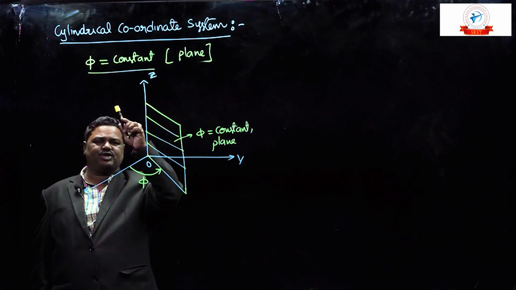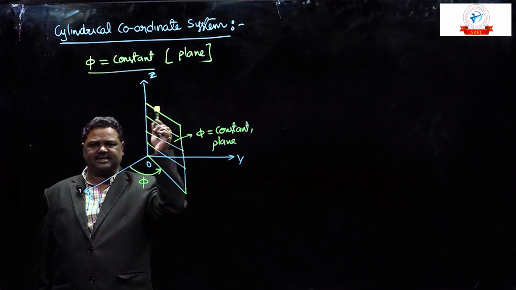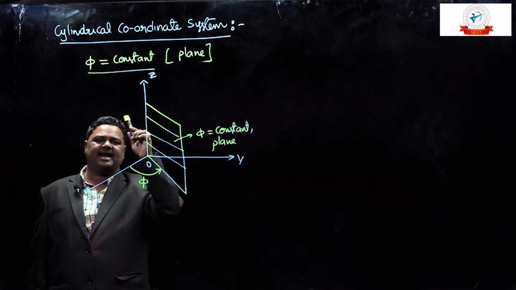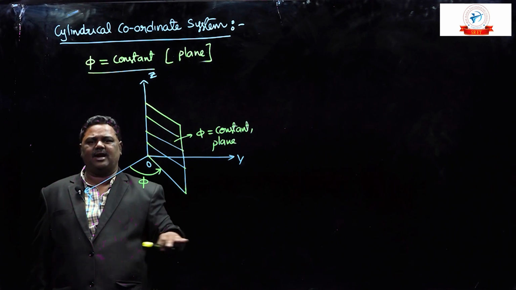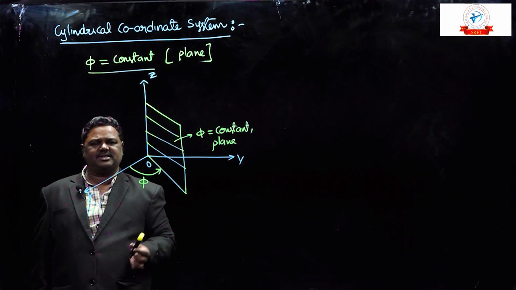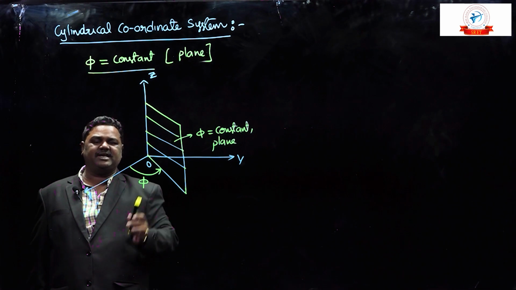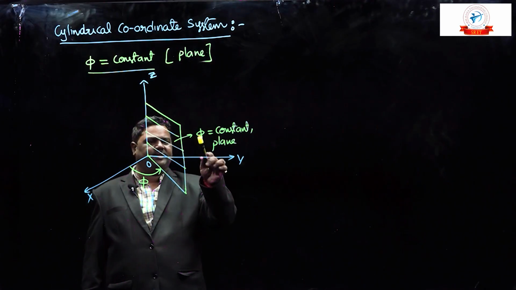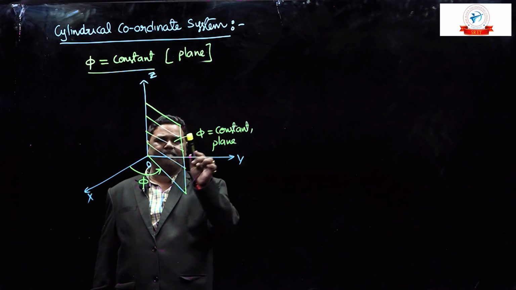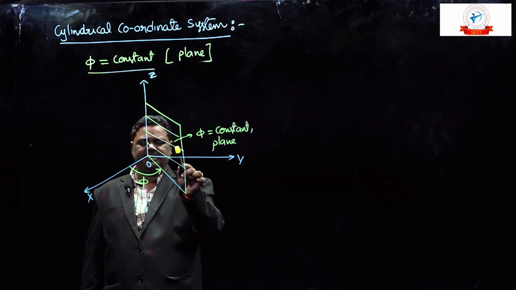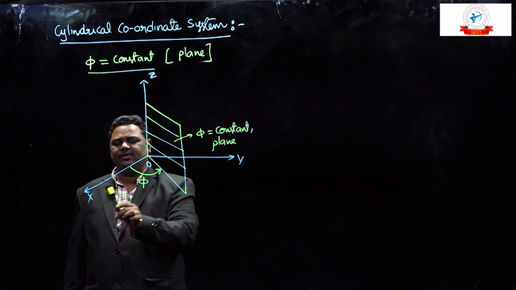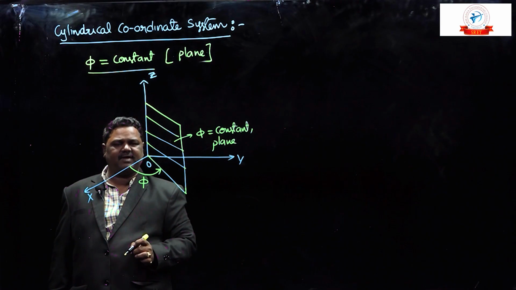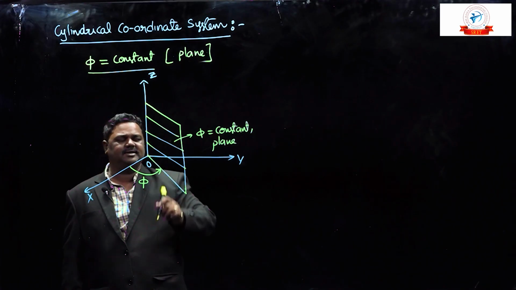Whenever a ceiling fan rotates, it rotates by making an angle parallel to the ground, which is called a horizontal angle. Now phi is nothing but a horizontal angle. Once again, phi is equal to constant is a plane that makes a horizontal angle phi with the x-axis. This is the plane.